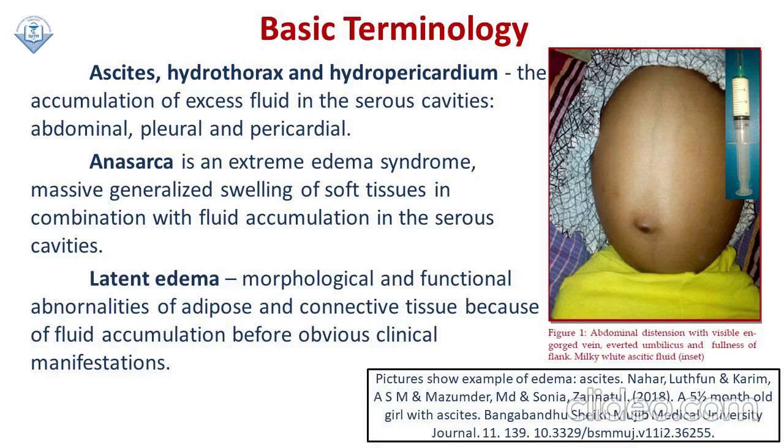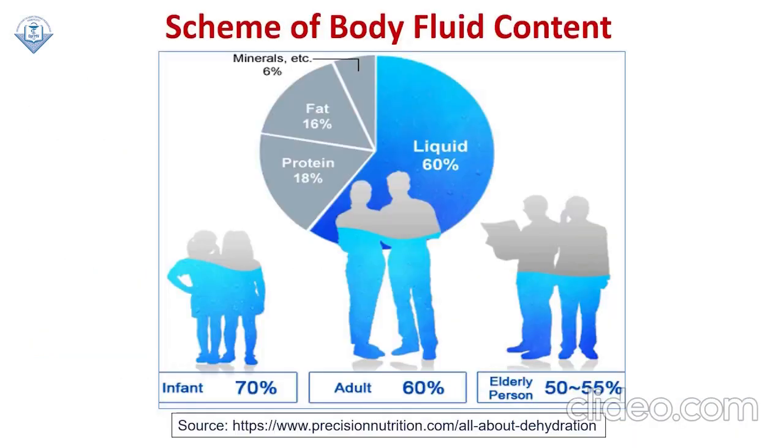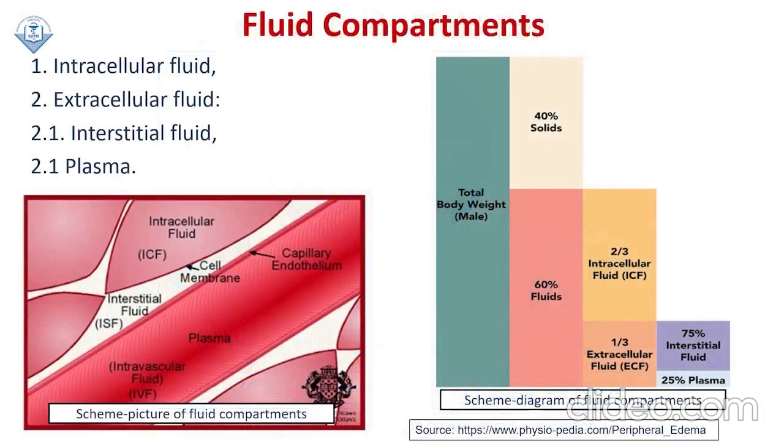In this slide you can see a scheme of body fluid content, and you can see that liquid in our body in adults makes up about 60 percent, which is very high, and this fluid is distributed in some compartments.